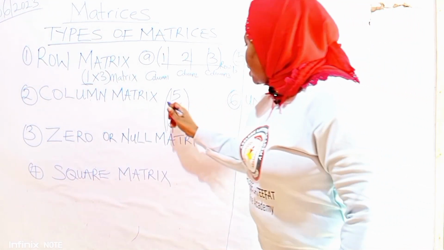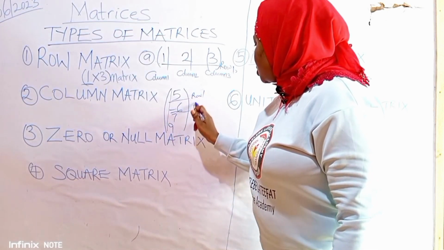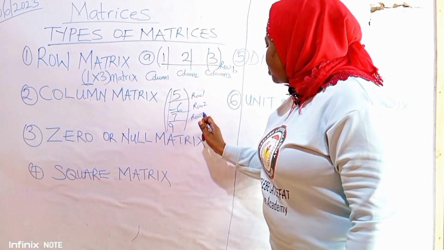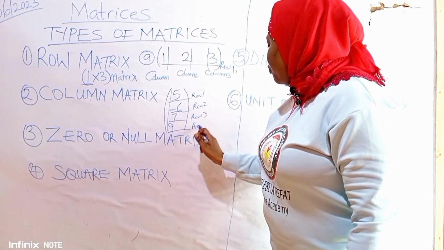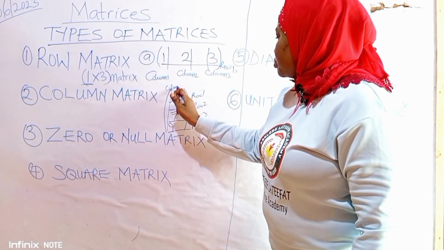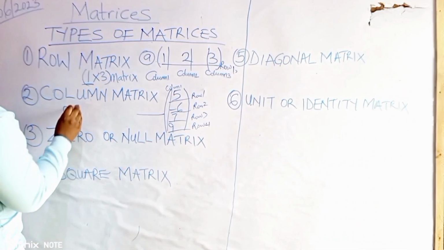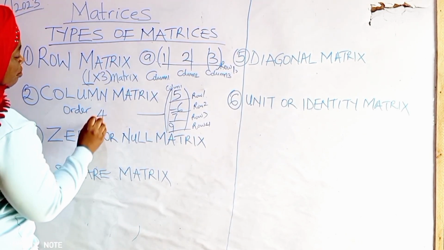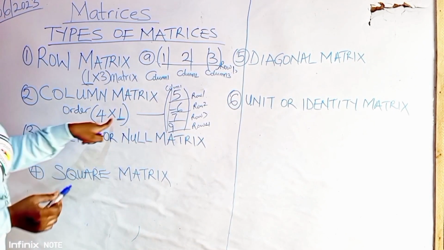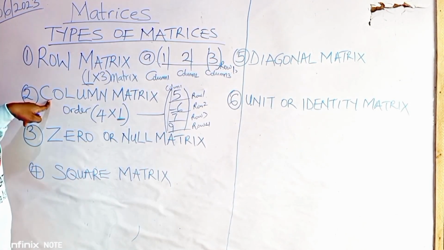So you can see here it has row 1, row 2, row 3, and row 4. It has just one column. So what is the order of this matrix? The order of this matrix is 4 by 1. So here is the column. Since it has just one column, that means it is a column matrix.